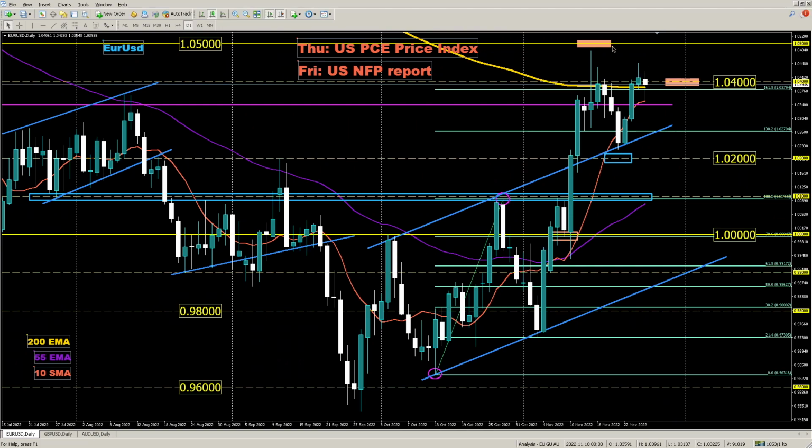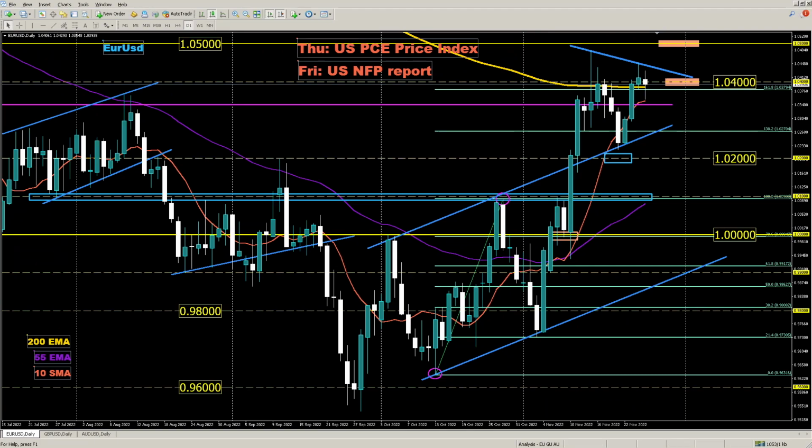So that's the resistance that it seems to have formed, a double top or a lower high. Let's add this here, to see whether that's potentially a lower high.